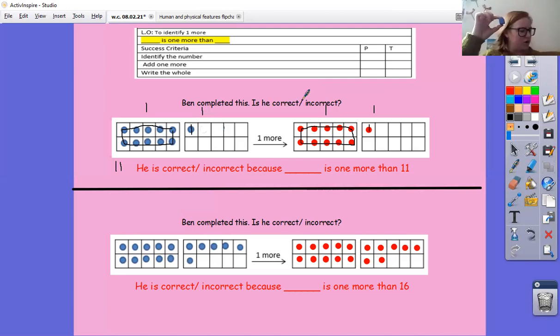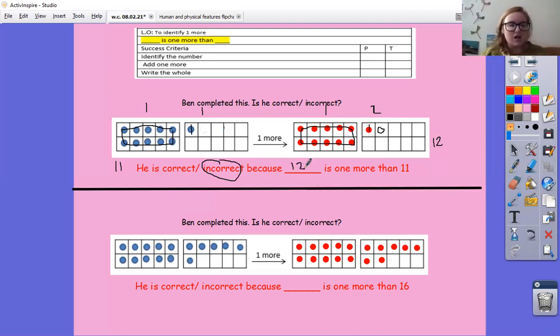Is it 1 or should it be 2? Is 1 more than 1, or is 2 more than 1? 2 is 1 more than 1. So Ben should have had 2 ones in here. This number should have been 2 and the overall should have been 12. So he is incorrect because 12 is 1 more than 11.